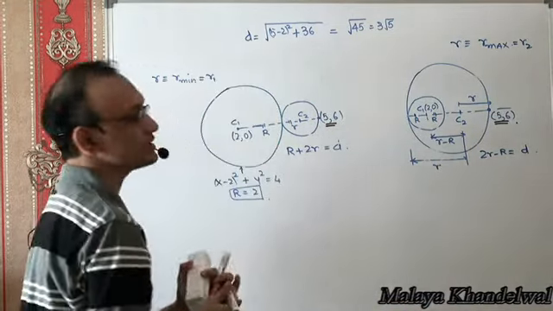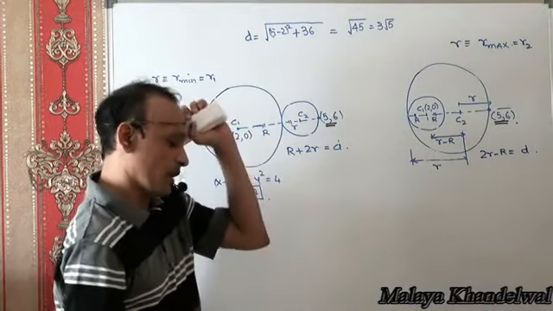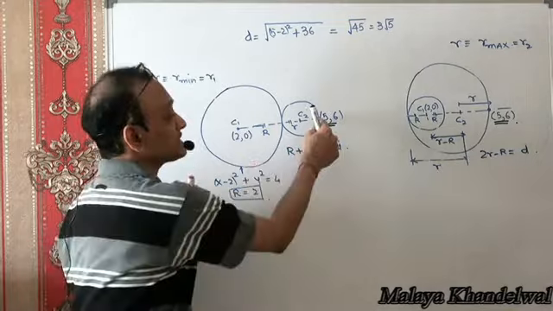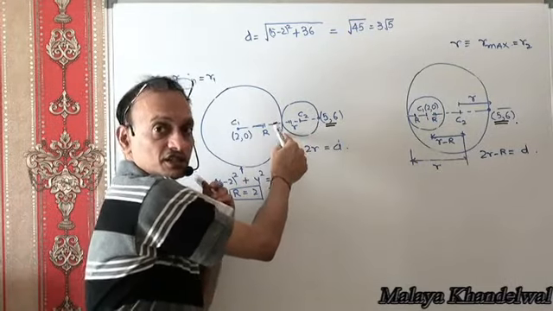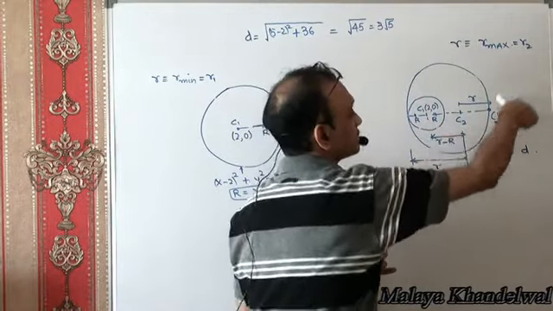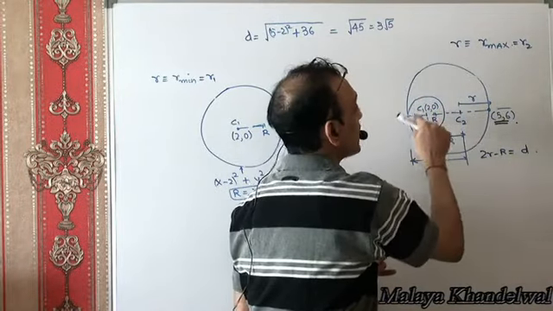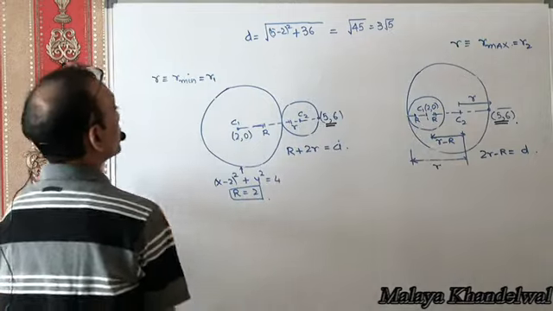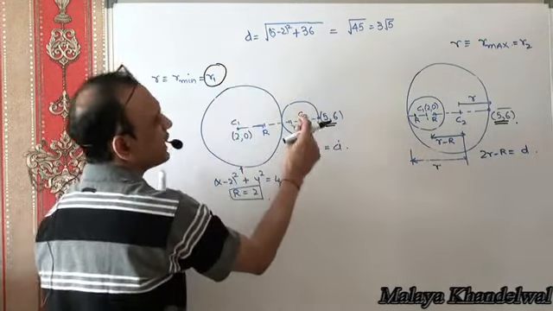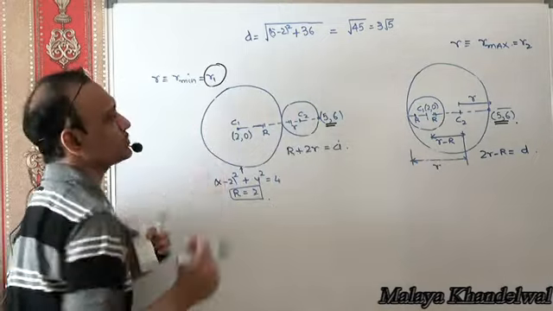Now what we want to find is the radius of the smallest circle passing through (5, 6) and touching this circle, and the radius of the largest circle passing through (5, 6) and touching the circle. Very clearly, this will give me the smallest value of the radius of the required circle, which I refer to as R1.